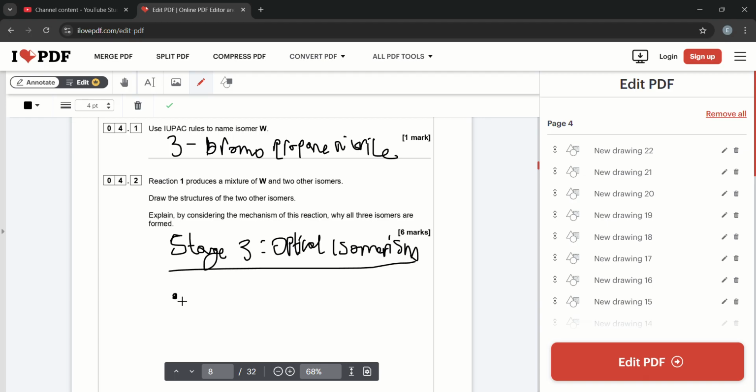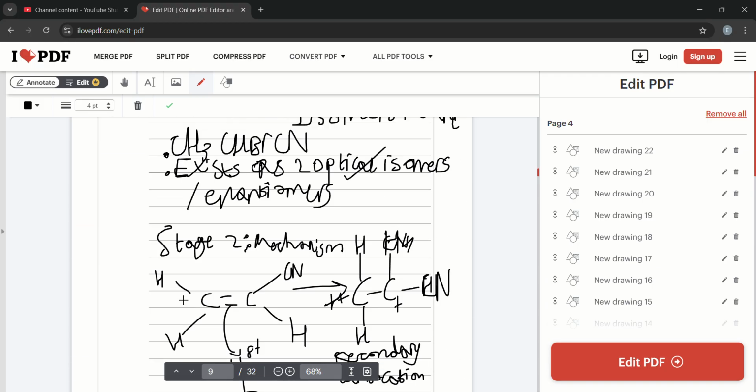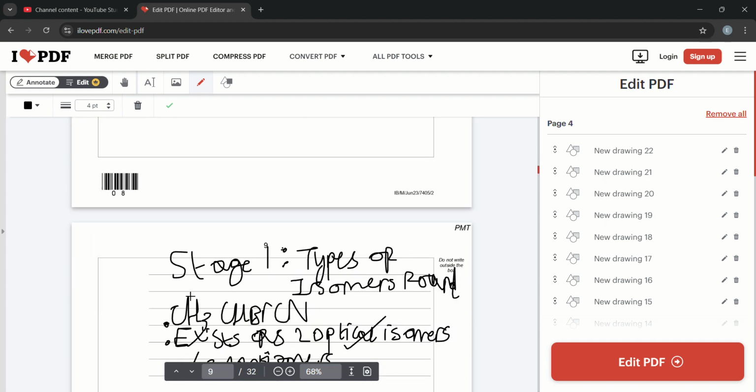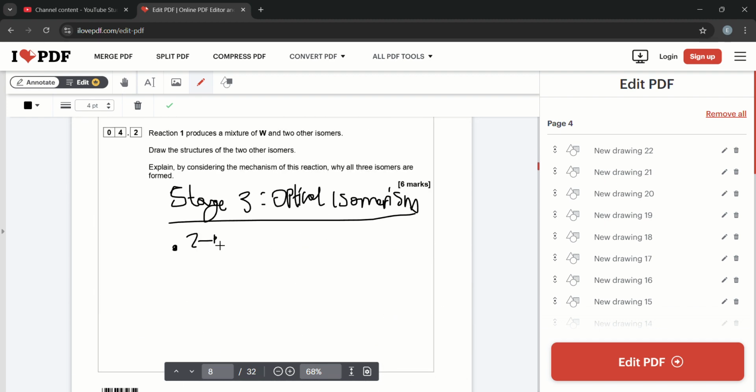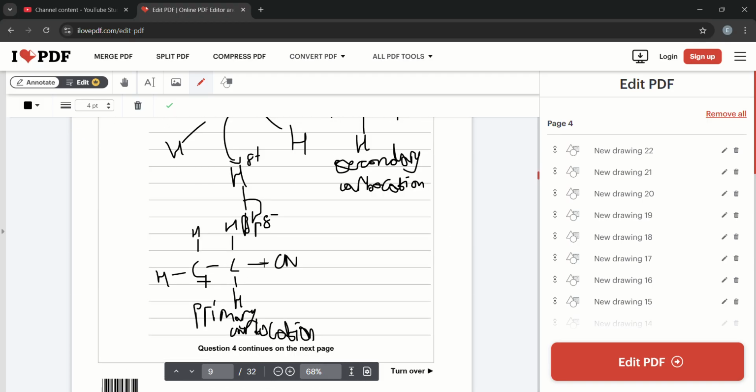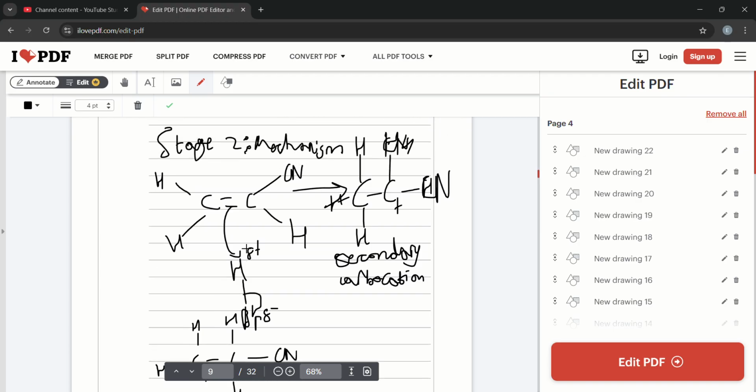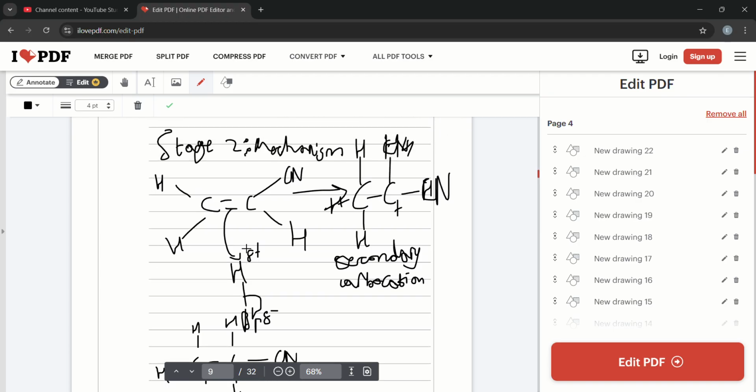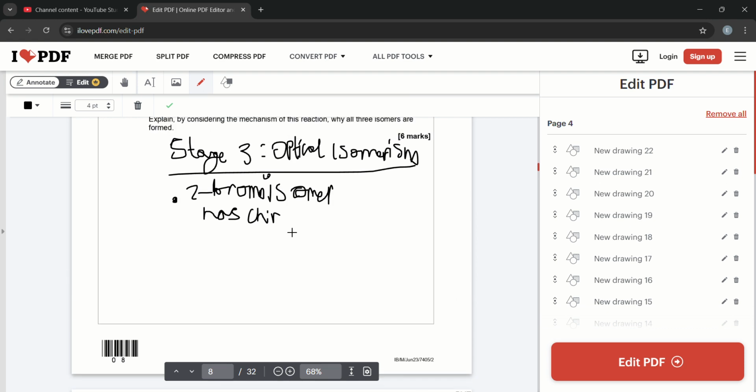So the 2-bromo isomer has a chiral carbon.